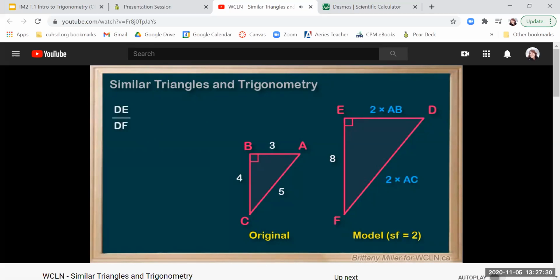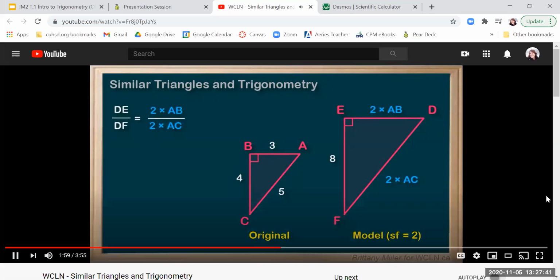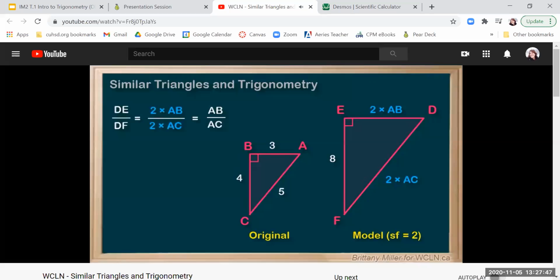So DE over DF equals 2 times AB over 2 times AC, and we can divide the top and bottom by 2 to get AB over AC. This would work the same way if the scale factor was 3 or 5 or 0.25 or anything.